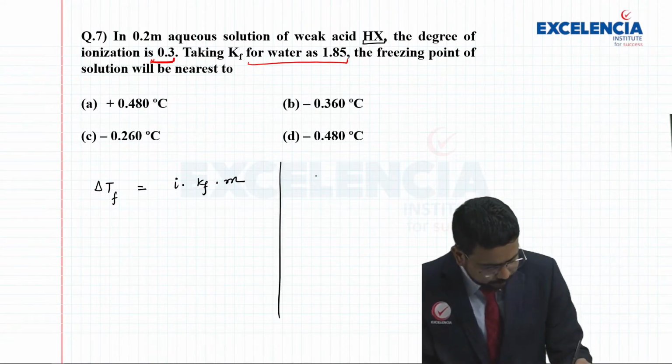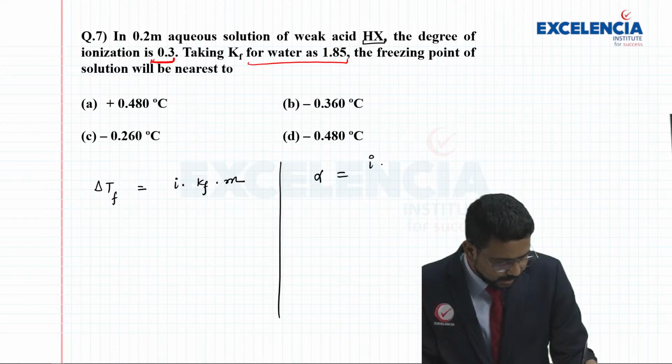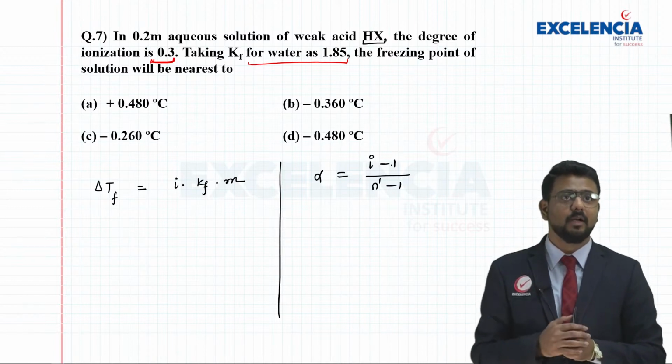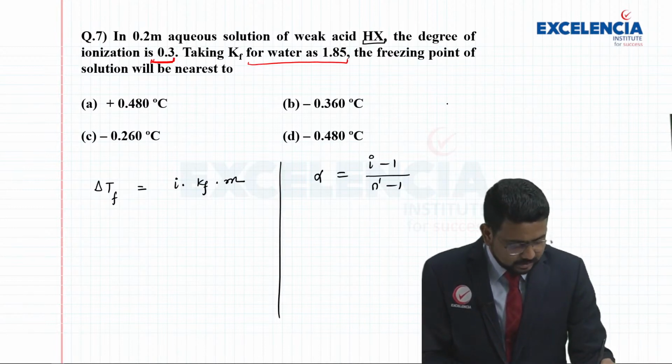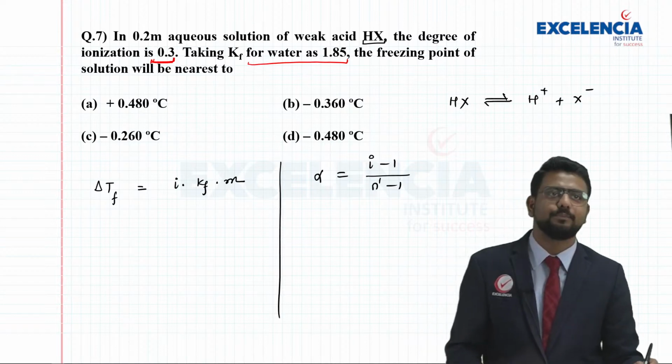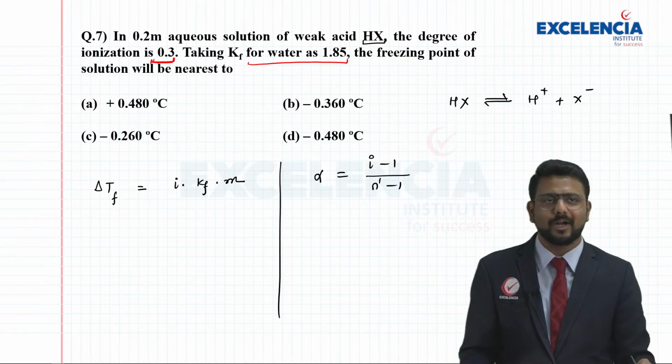So, we very well know that alpha is nothing but (i minus 1) over (n' minus 1). n' is basically the total number of particles produced from the given electrolyte. So, if I consider here HX, when it dissociates, definitely we are going to get what? H+ and X-, yes or no? Right. So, theoretically we are going to get 2 particles here.